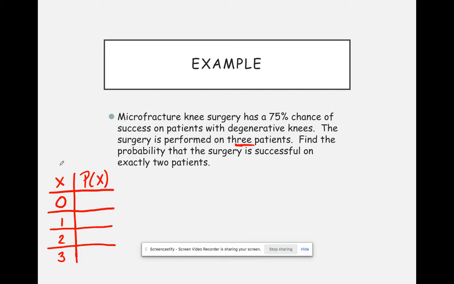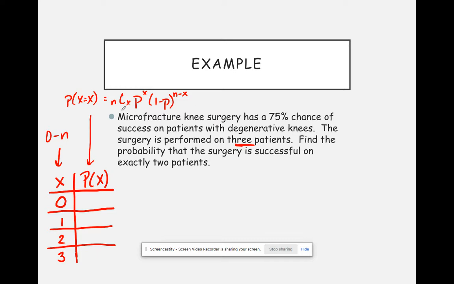So essentially your T-chart will always have X values that range from 0 up to N. To fill in the probabilities here, this is just going to be the probability of that number of successes. So using that nCr formula, so nCx, probability of success to the number of successes, probability of failure to the number of failures.